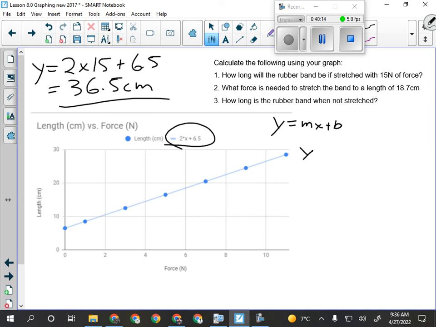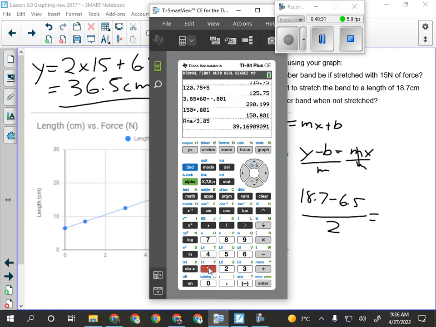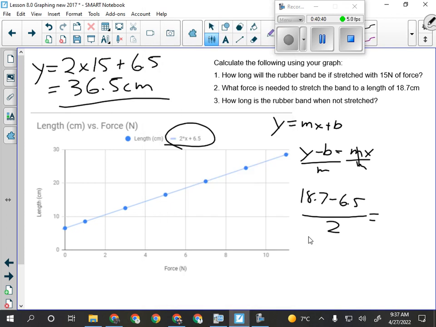Subtract b from both sides, then divide both sides by m, and I'm solving for x. 18.7 minus 6.5, so y minus b divided by 2 will give me the amount of force that's necessary. 18.7 minus 6.5 divided by 2, 6.1. 6.1 newtons worth of force.